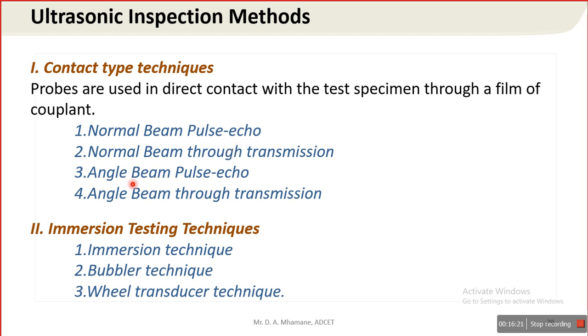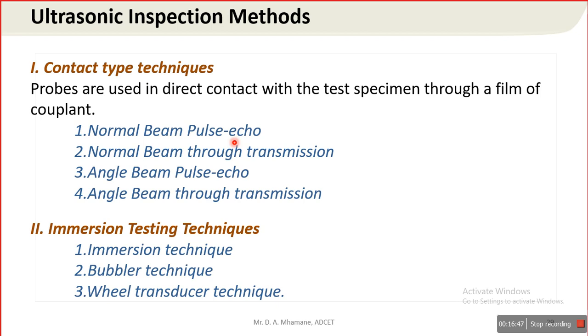Similarly, if we use angle or shear wave with the help of an angle probe, again the third type is angle beam with pulse echo technique, and the next one is angle beam with through transmission technique. Pulse echo means a single probe is used for transmission and receiving, and in through transmission two different probes are used.